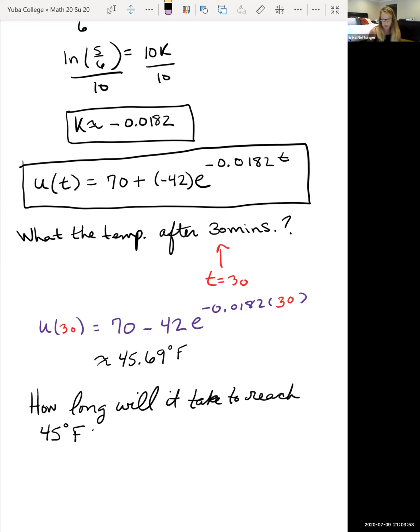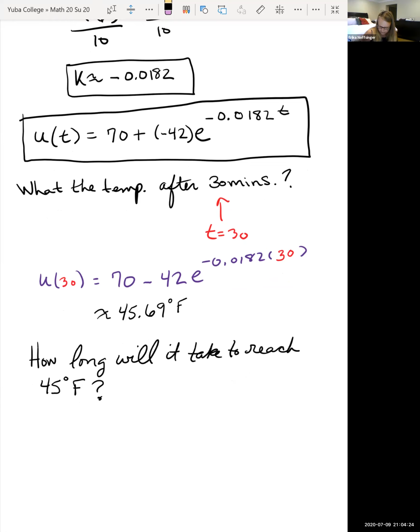Okay, because I'm chuckling a little because we just found our answer that 30 minutes was 45.69 degrees Fahrenheit. So I know whatever my result is, it better be close to 30 minutes. 45.69 is a little more than the 45 degrees, so it should be a little less than 30 minutes when I do my math.